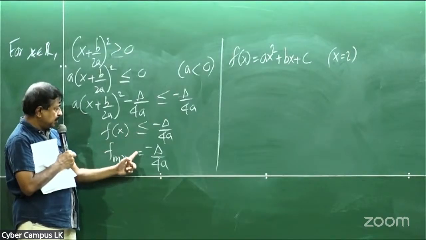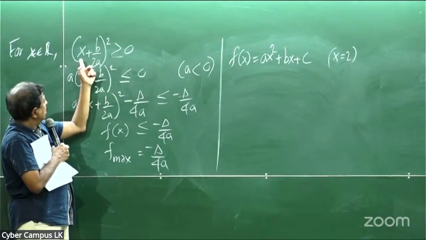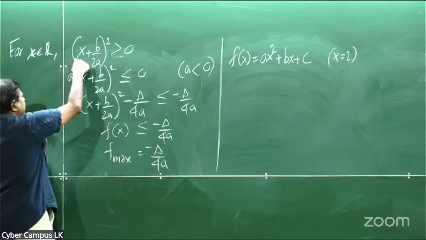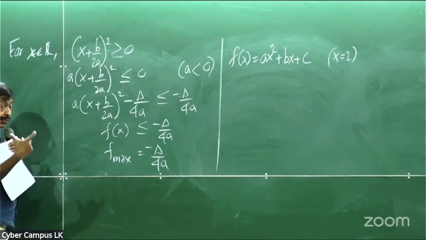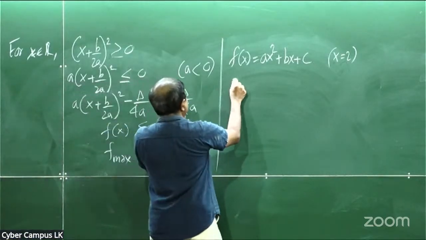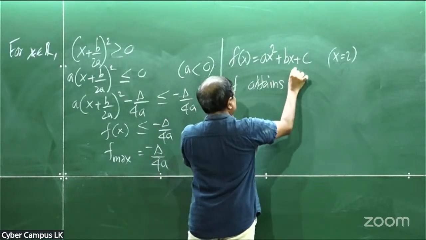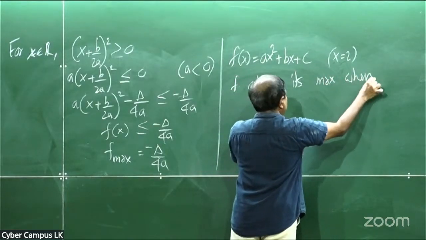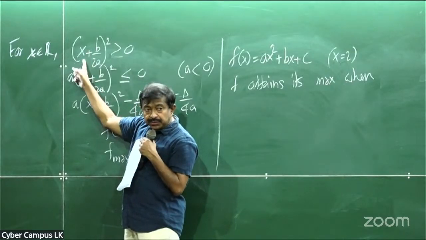So this equals 0 when what is sitting inside the bracket is 0. Therefore, when this bracket is 0, x should be equal to minus b over 2a.